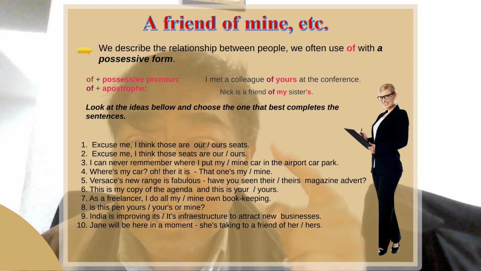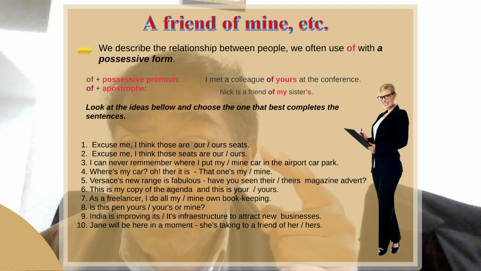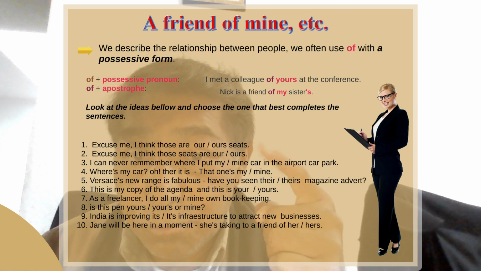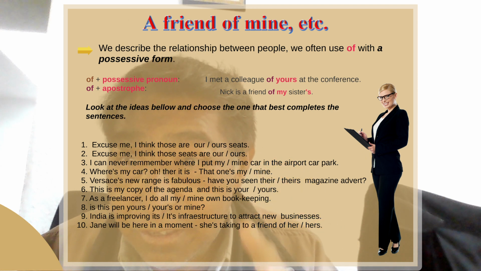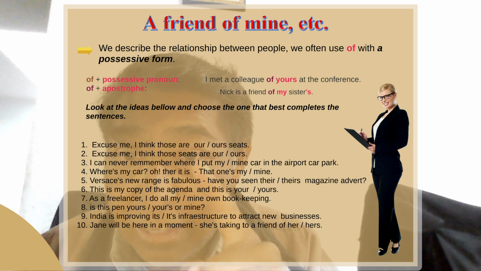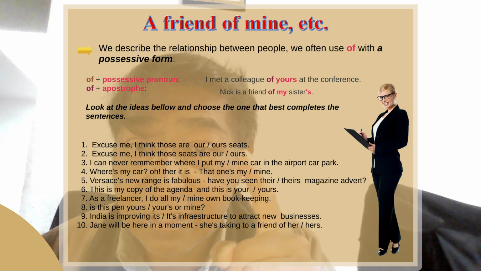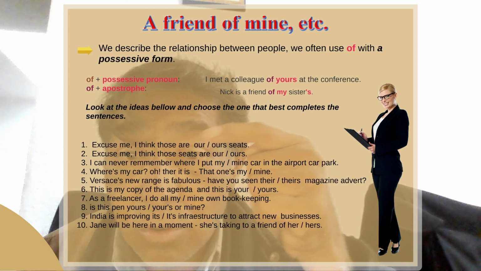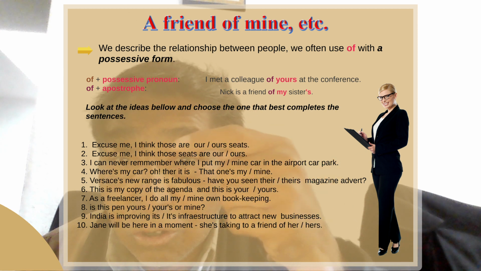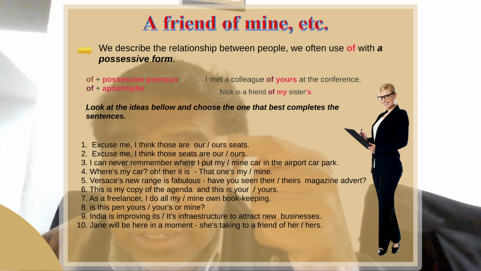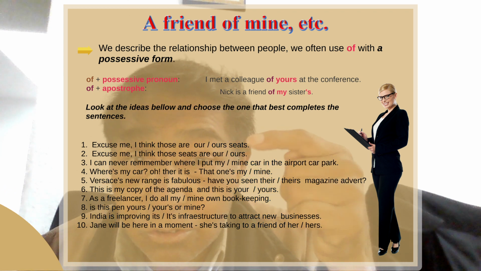So indicating the correct possessive adjective or possessive pronoun. Okay, so excuse me, I think those are our or ours seats. What is the correct? Our or ours? So in the second one, what is the correct? Our or ours?